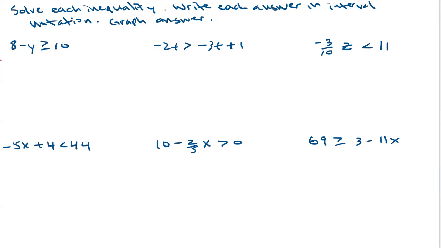Okay, so we want to get y by itself, so we're going to subtract 8 on both sides. So the 8 cancels, and it gives you negative y is greater than or equal to 2. And then we have a negative here, so we have to divide by negative 1 on both sides. Okay, so we have y, and then 2 divided by negative 1 is negative 2. Now what happens to the inequality there?